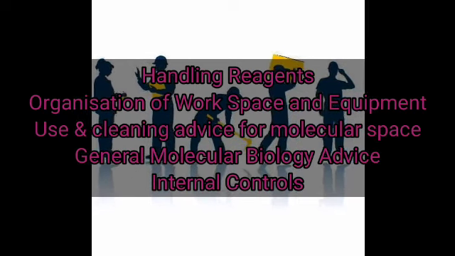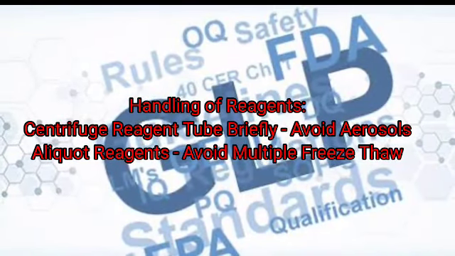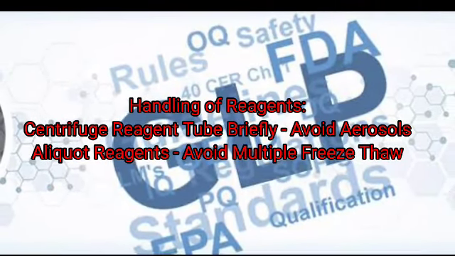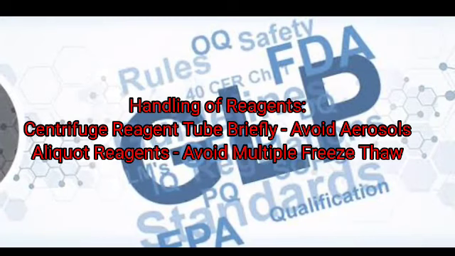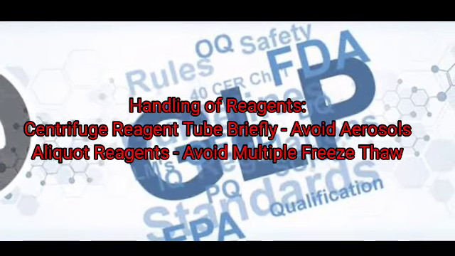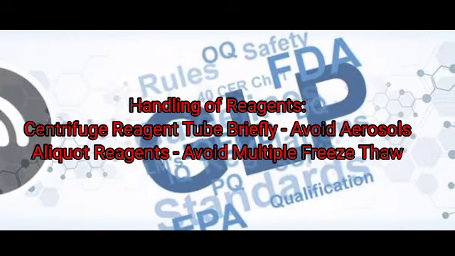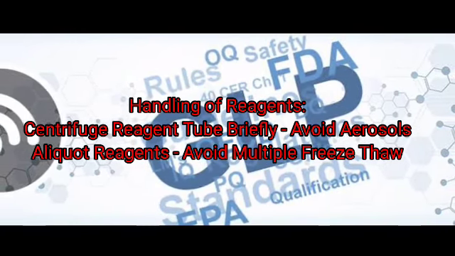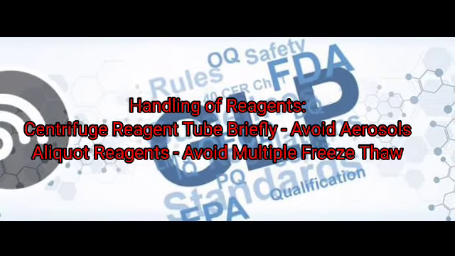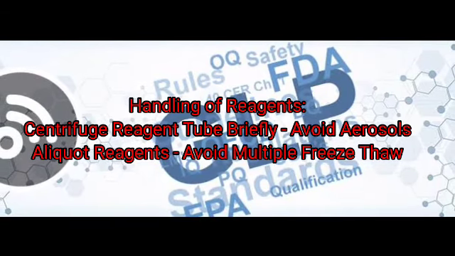So first of all, we will start with the handling of reagents. Briefly centrifuge all the reagent tubes before opening the tubes to avoid the generation of aerosol. Aliquot reagents to avoid multiple freeze-thaws and the contamination of master stocks.